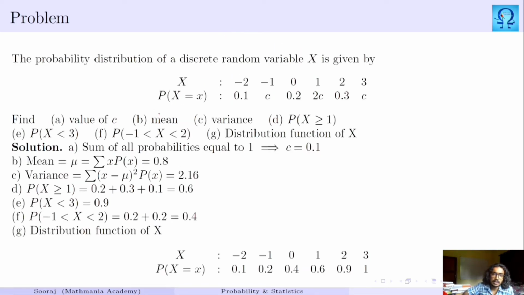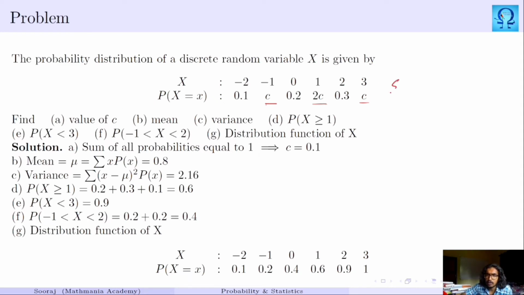Moving further, the next problem deals with a discrete random variable, and some situation is given. Here, the mass has some unknown values, but at every place we have the same c. What do we need to find here? We need to find the value of c. We know that the total probability is 1, right?